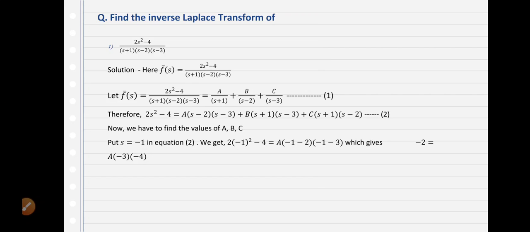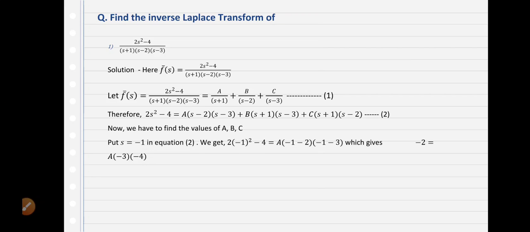The first one: put s equal to minus 1 in equation 2, on both LHS and RHS. So for s equal to minus 1, the LHS of equation 2 becomes 2 into (minus 1) square minus 4, equal to capital A into (minus 1 minus 2) into (minus 1 minus 3).